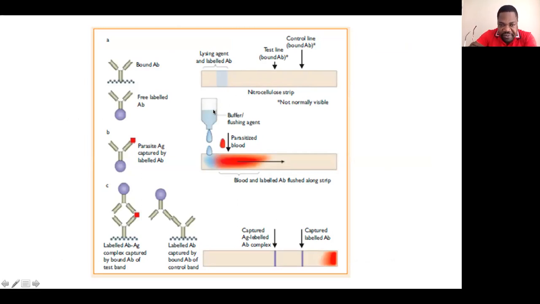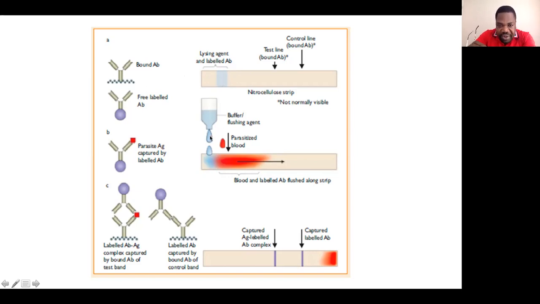So this is the buffer that you add. But already when you put the lysing agent here, there is what we call a labeled antibody. This free labeled antibody will already try to move here with the antigen.